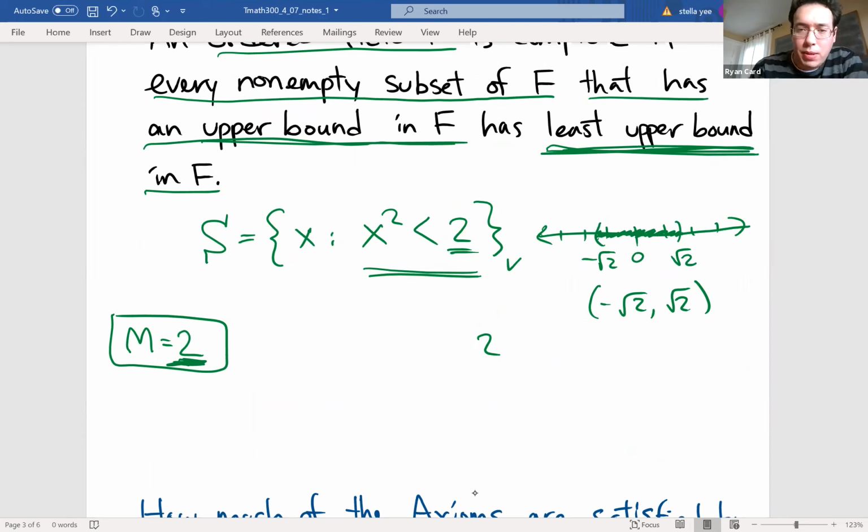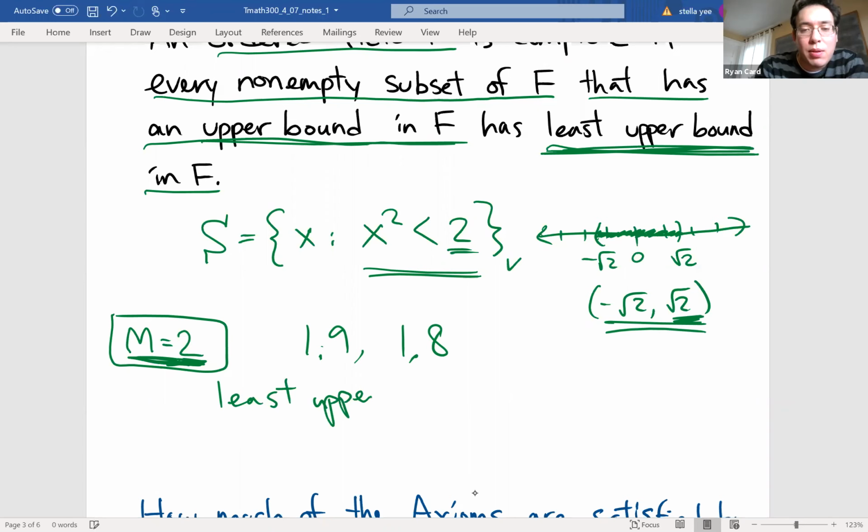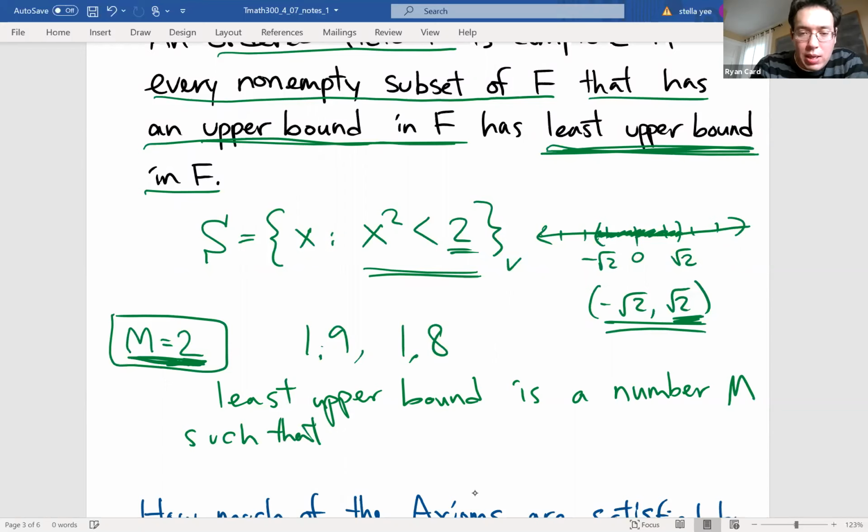So the least upper bound is a number, I'll call it M, such that it is an upper bound of the set S, but anything smaller than this is not an upper bound.